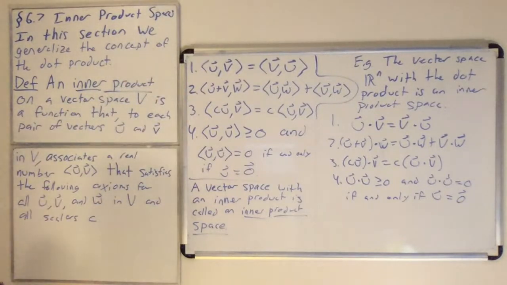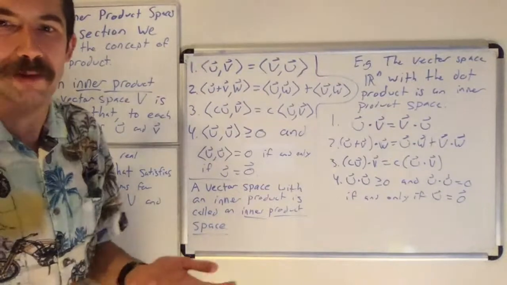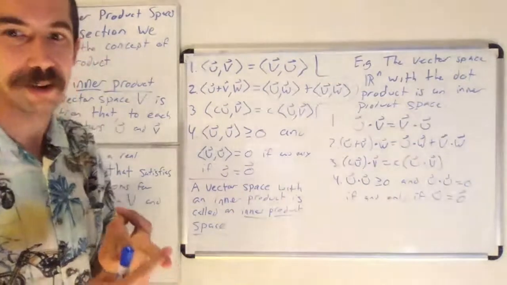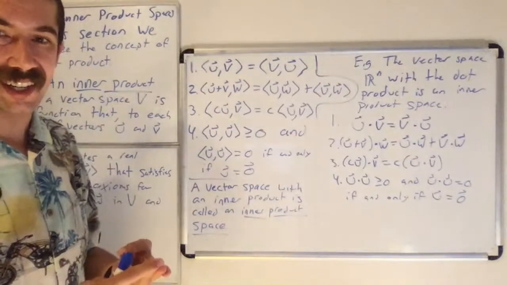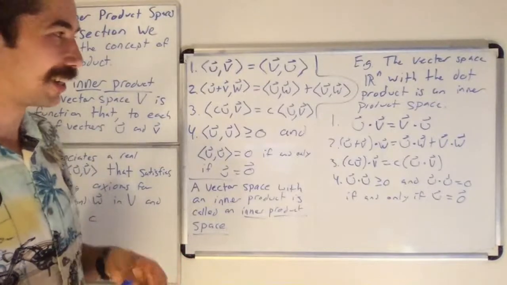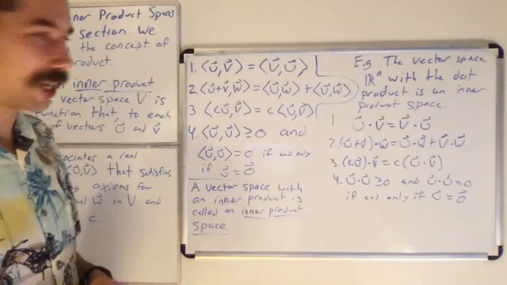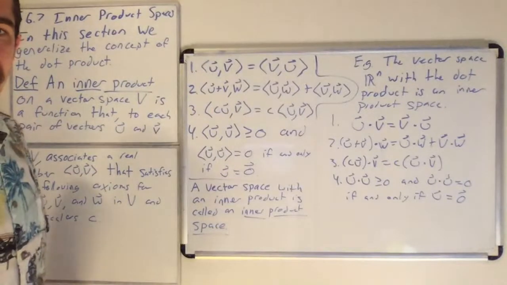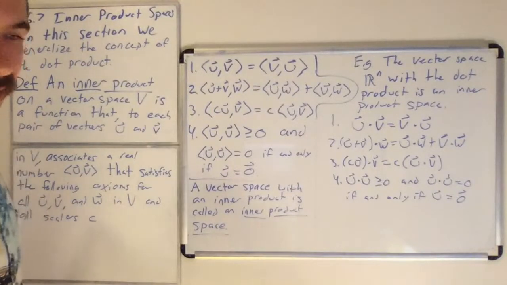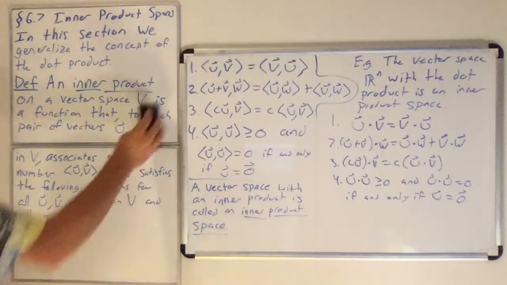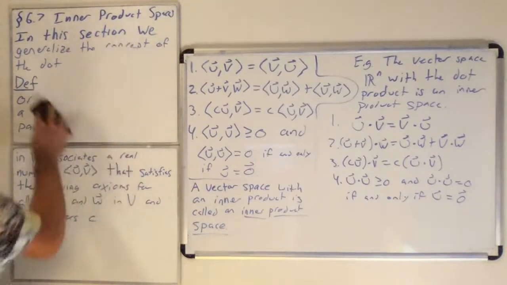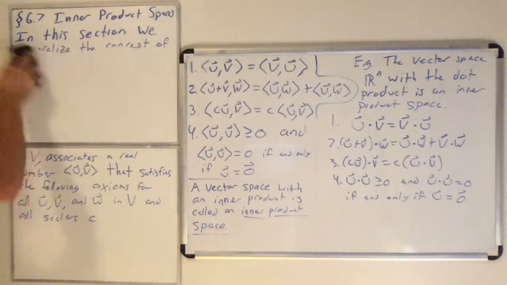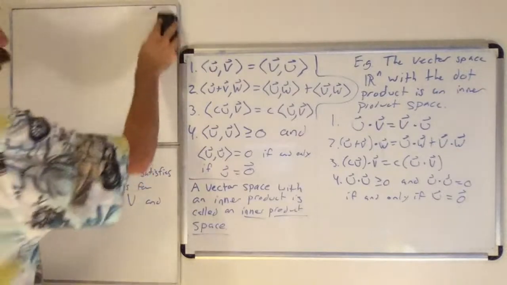It's kind of the same method as like showing something was a subspace, right? We had to show that the 0 vector was in it, it's closed under addition and closed under scalar multiplication. We're going to do the same sort of checking, but we have four different properties we have to check now. Okay, so let's take a look at an actual example. And we'll see some applications of why this concept of an inner product is better than just having a dot product.